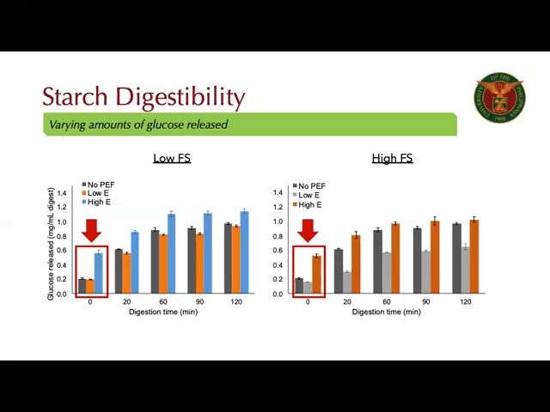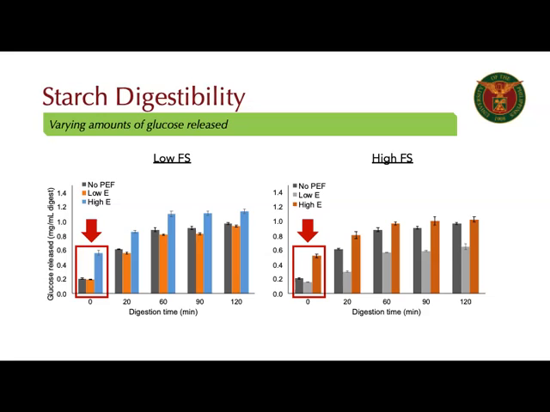So going back to what I mentioned earlier or in the previous slide, the PEF processing may be used in the production of products with customized glycemic impact. So this was evaluated with starch digestibility experiments, and the results were quantified based on the amount of glucose released. Kasi nga, our starches are made up of several glucose units.